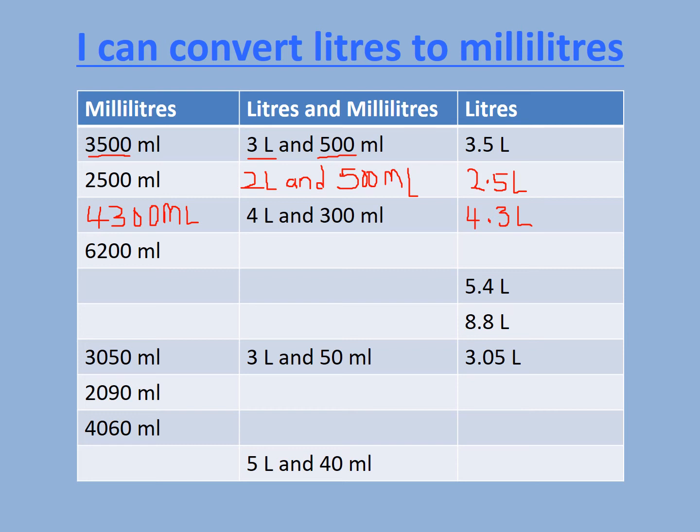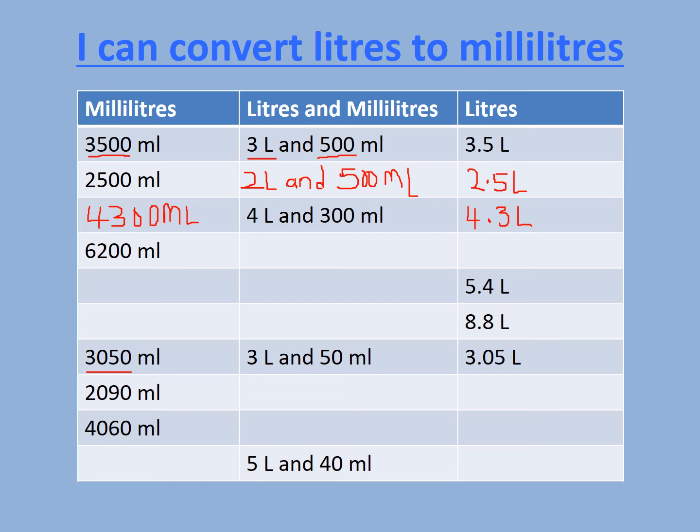Now can you finish the rest, the next three? Okay, you can try it. And we have another example here. These ones are both the one we've just done. They are in thousands and hundreds. This one below, for example, 3050 milliliters, is in thousands and below hundreds, below 100.